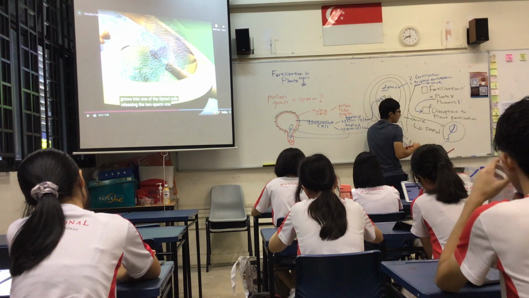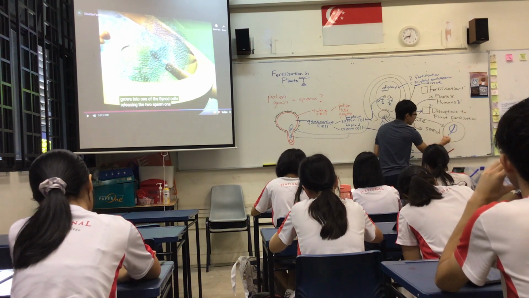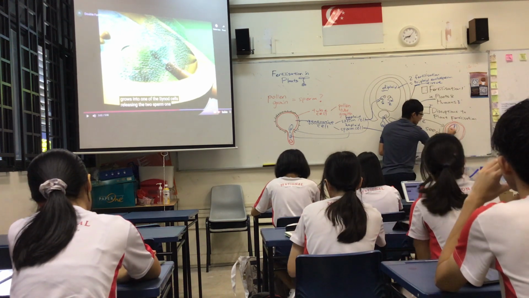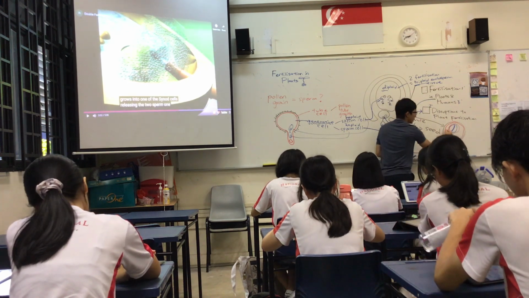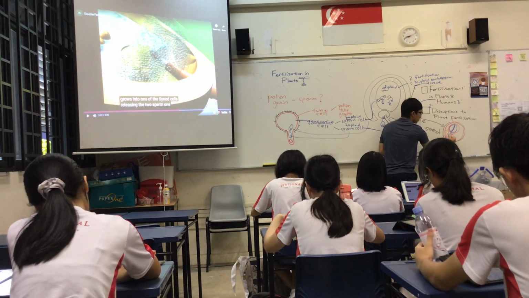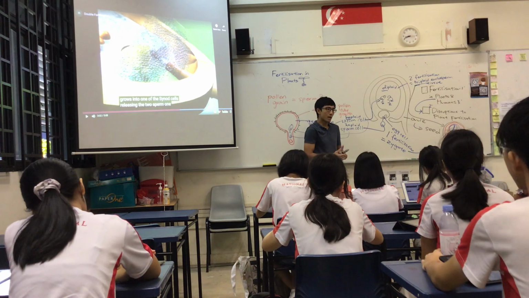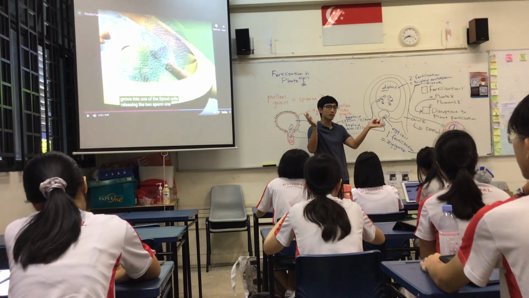So I'm going to draw the triploid endosperm tissue in red now. It is this layer of tissue that surrounds the baby plant that will supply nutrients so that it has enough energy to burst out of the seed.